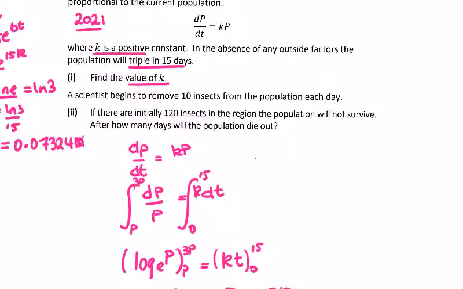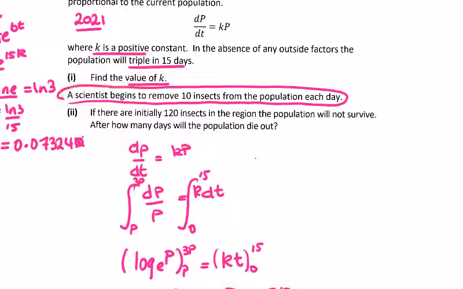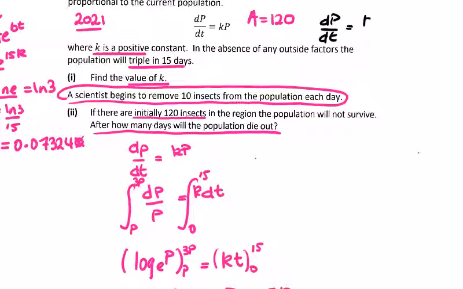The second part: a scientist begins to remove 10 insects from the population each day. If there are initially 120 in the region, the population will not survive. After how many days will the population die out? So initially 120, so this a is equal to 120, and we're going to have dp/dt is equal to this positive constant times p minus 10.